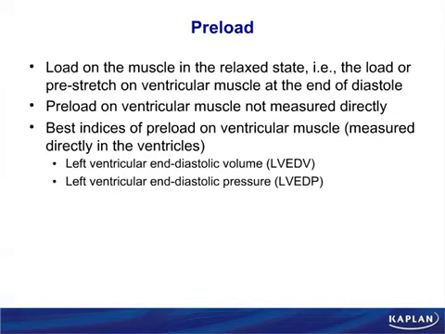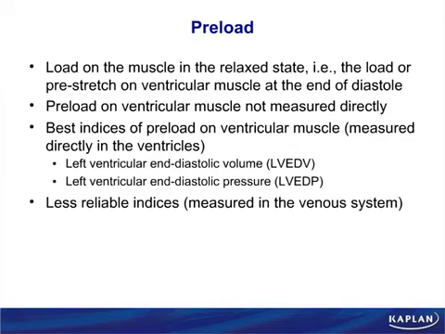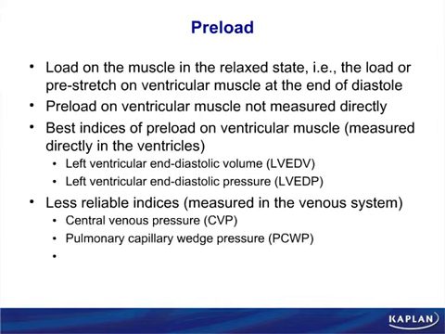Now, the next ones I'm going to mention are technically less reliable, but these are the ones you're going to measure clinically. These are specifically central venous pressure, CVP, pulmonary capillary wedge pressure, which I'll just refer to as wedge pressure, and right atrial pressure.